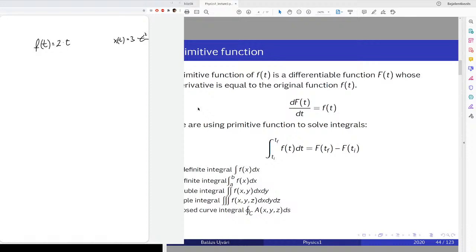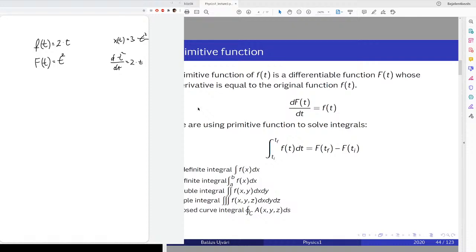The primitive function is the capital F(t), and if we derive t squared, we will have 2t. So technically, the capital F(t) is t squared. So based on the rules of the derivation, you can find out what the primitive function is. If we know the primitive function, we can integrate.